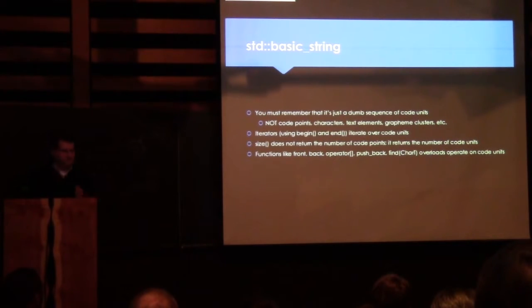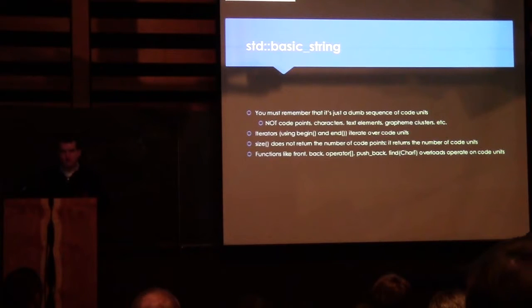If you iterate from begin to end, you're iterating over code units. You can't say this is a character, this is another character. Size does not return the number of code points, it returns the number of code units. Functions like front, back, the subscript operator, and other things operate on code units as well.